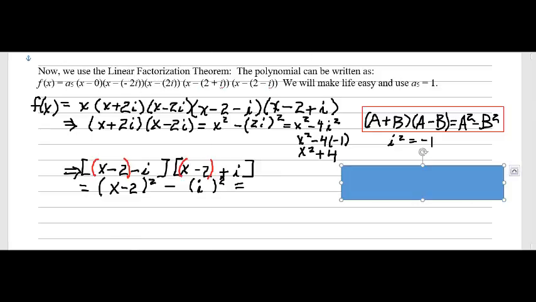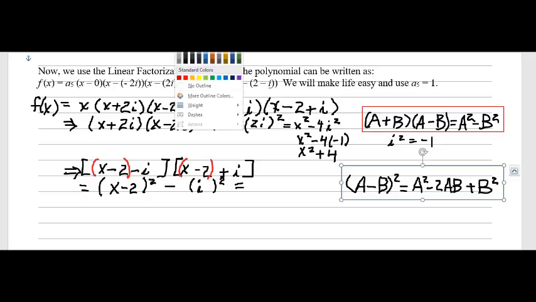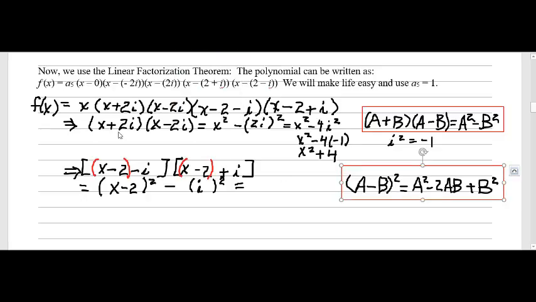Well, that's actually the square of an a minus b, which if I use FOIL, which is the double use of the distributive property, then I get a squared minus 2ab plus b squared. So when I square x minus 2, my a is x and my b is 2.